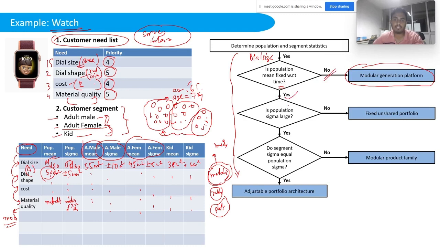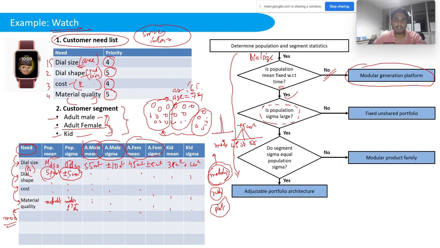Then you go for the next. Is the population sigma large? See, sigma here is 5 centimeter square. It is not very large: 50, then 5, 55, then 45 plus minus 5. Next you ask if it is very narrow.